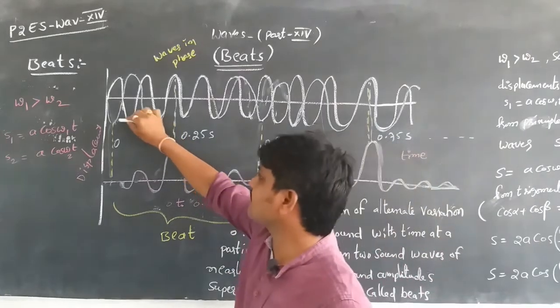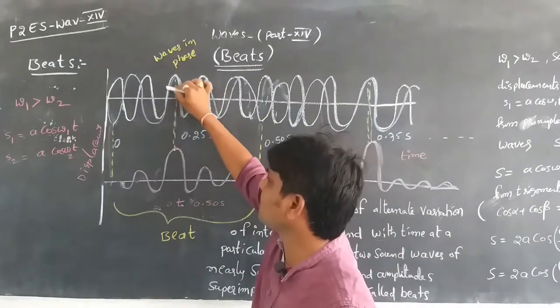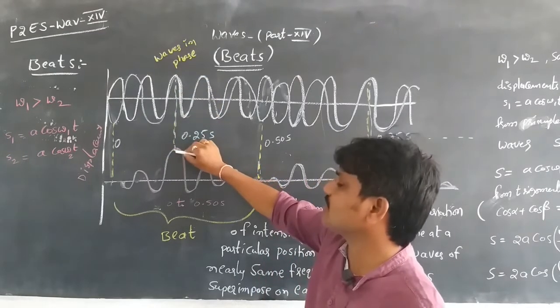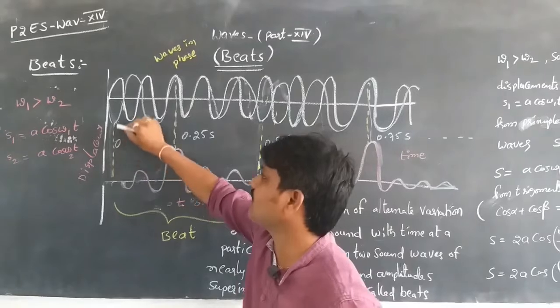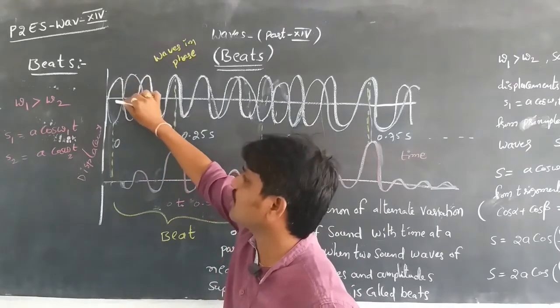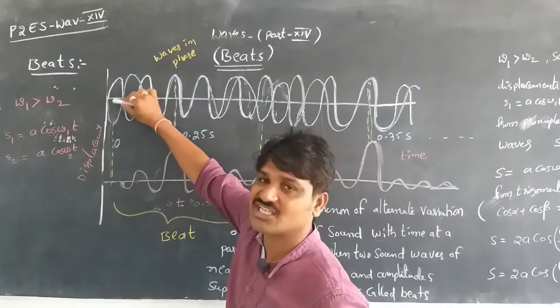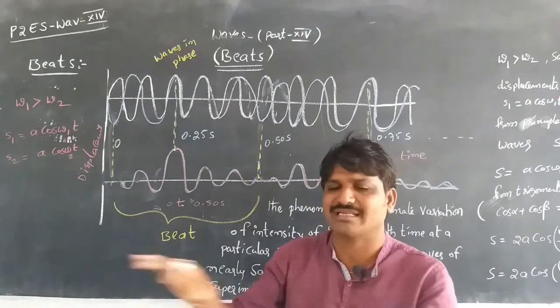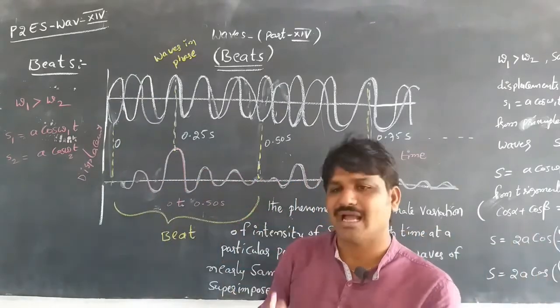After some time the two waves are superimposed at a point. When the two waves are in opposite phase, they cancel each other, so we get zero sound, the minimum sound, meaning silence. The two waves collide and collapse.